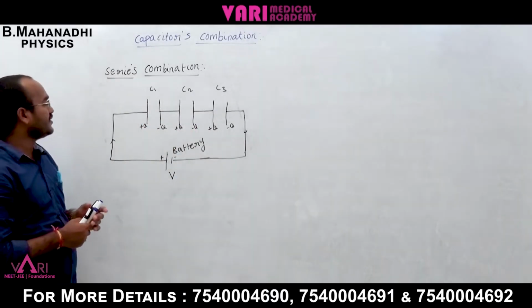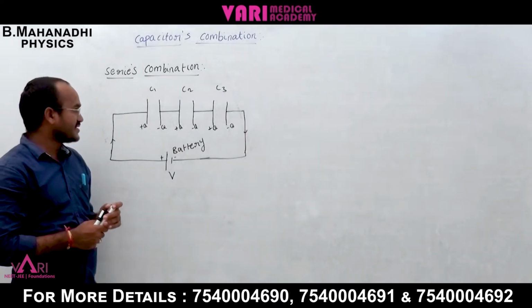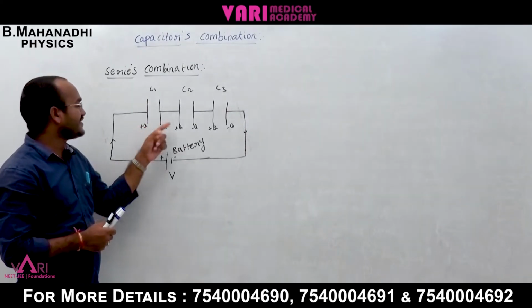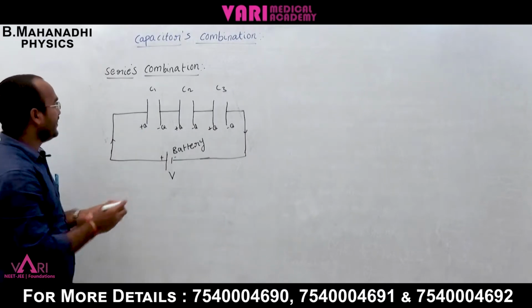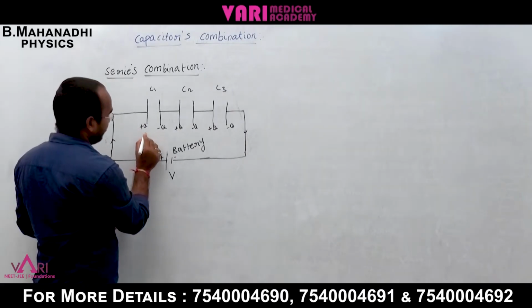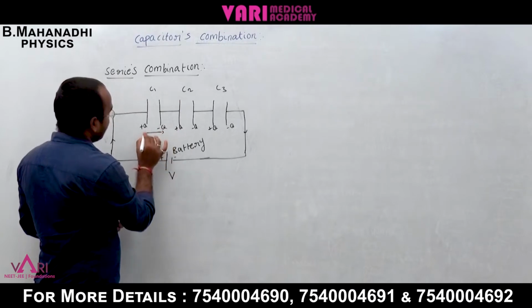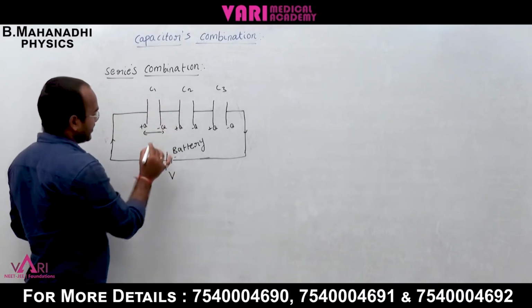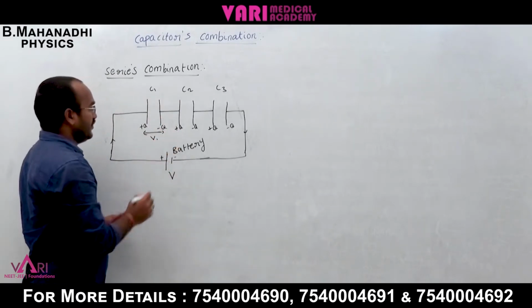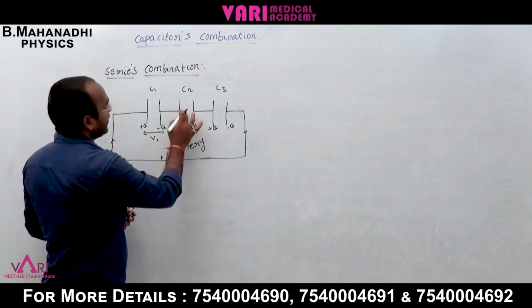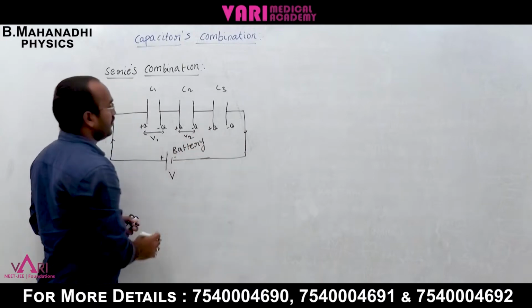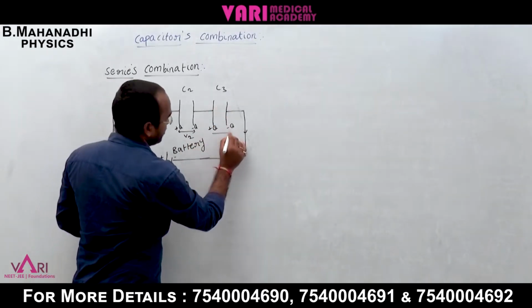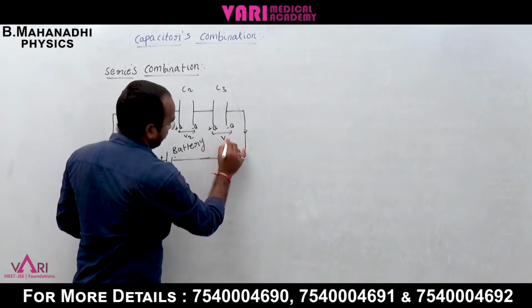See, if you want the effective capacitance value, first, in series, the potentials are different. Each capacitor has a different potential. The first capacitor's potential is V1, the second capacitor's potential is V2, and the third capacitor's potential is V3.